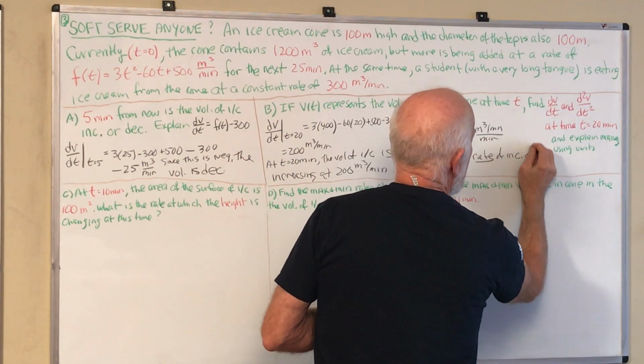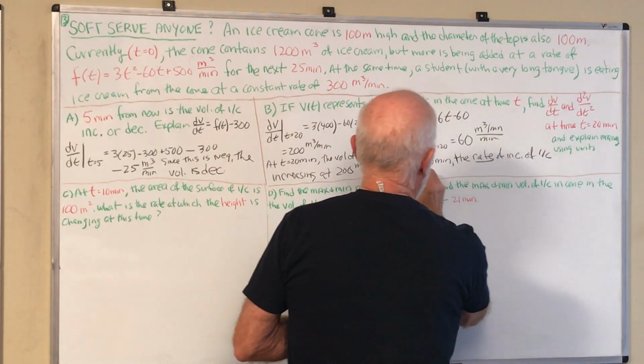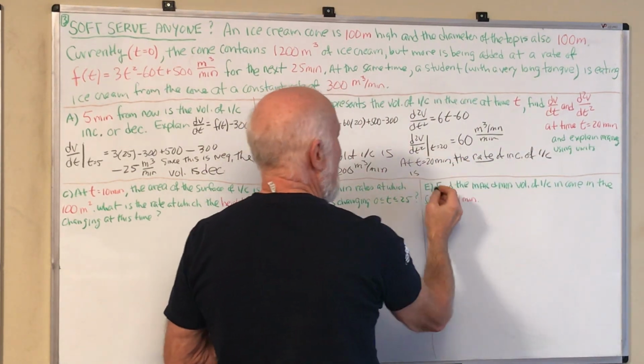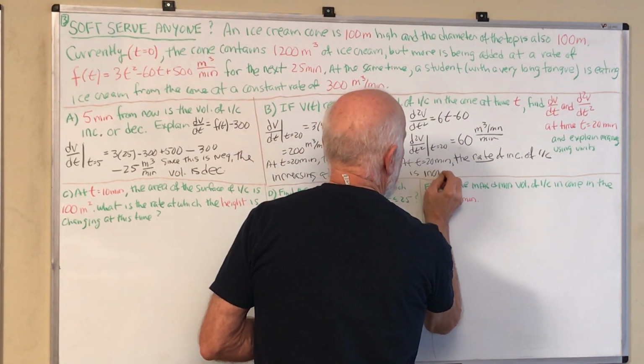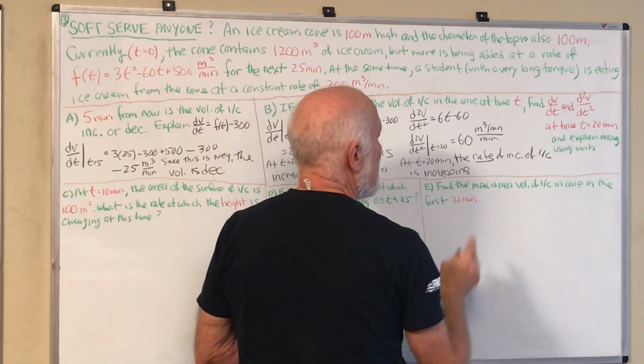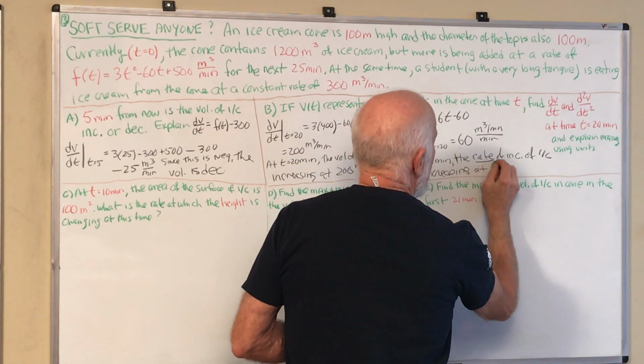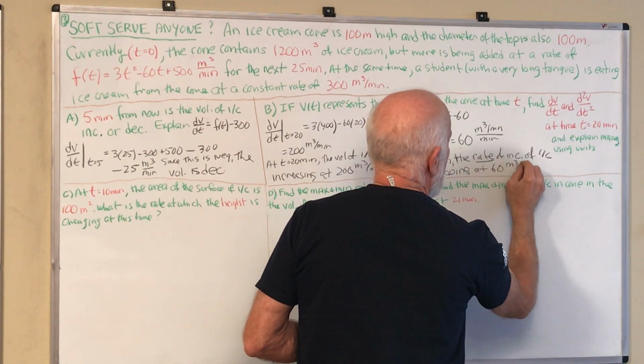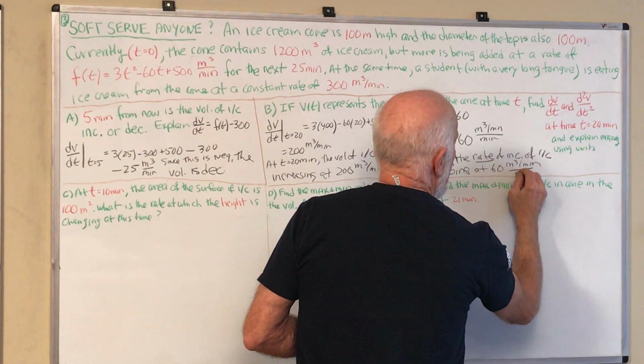The rate of increase of ice cream is, and this is positive, increasing. So it's the rate itself, not the amount of ice cream, that is increasing at 60 cubic meters per minute per minute.